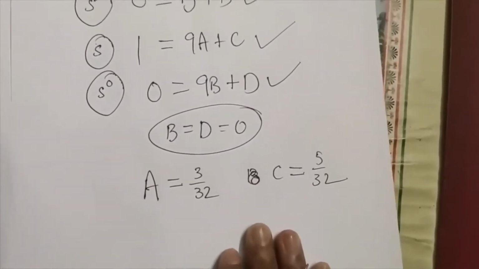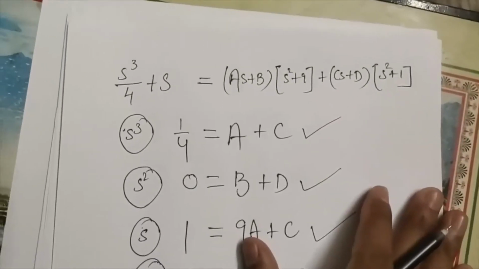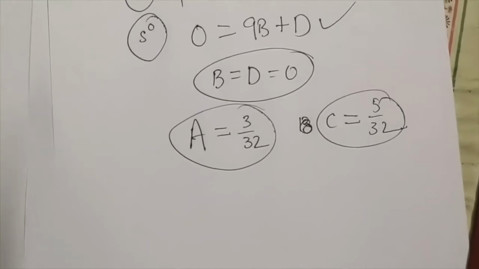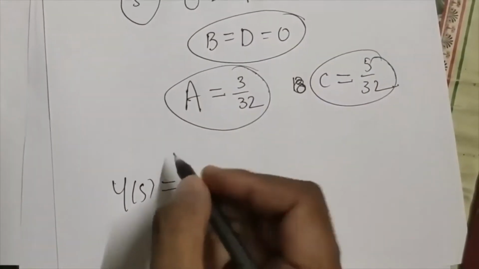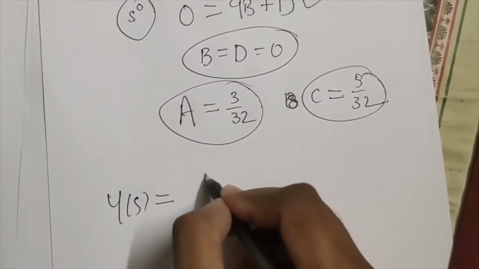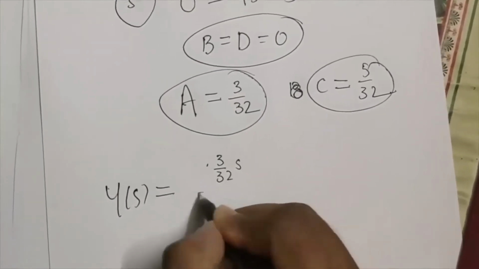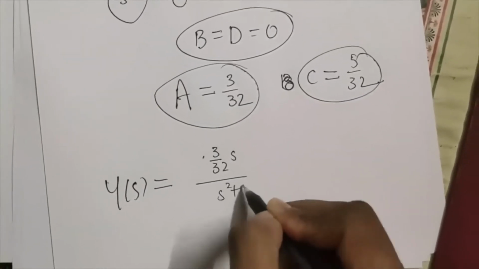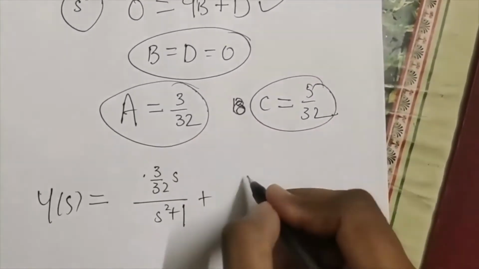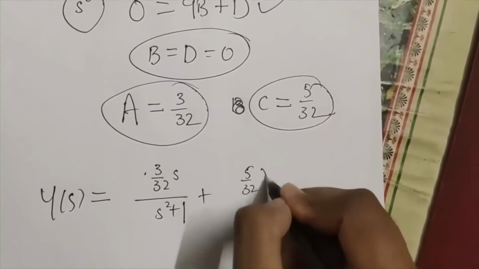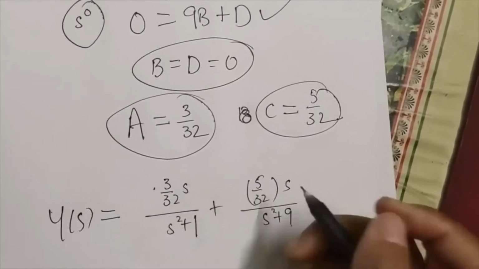So we have obtained all the values of the constants. Let us rewrite the given expression. Y of s is equal to 3 by 32 into s divided by s square plus 1, plus 5 by 32 into s divided by s square plus 9.